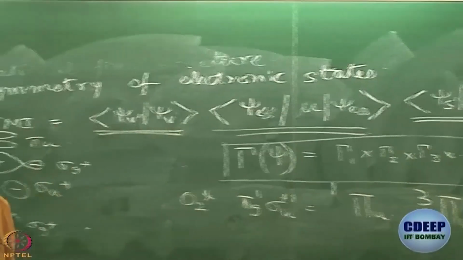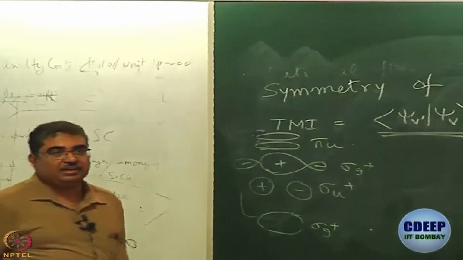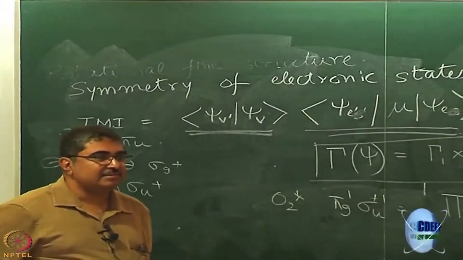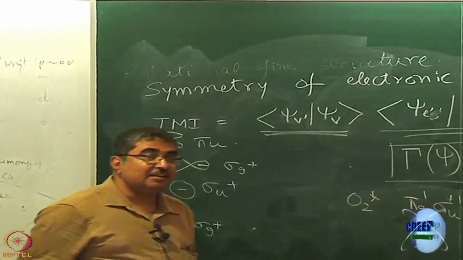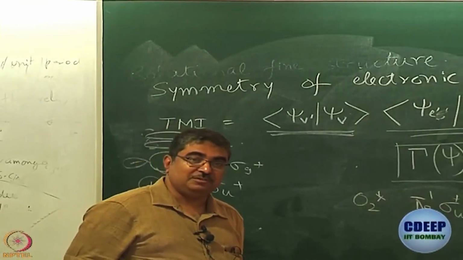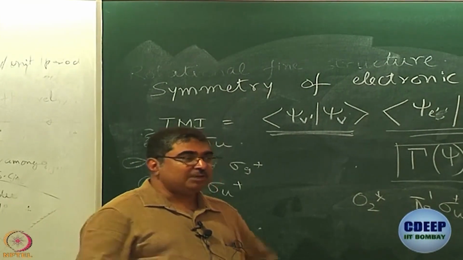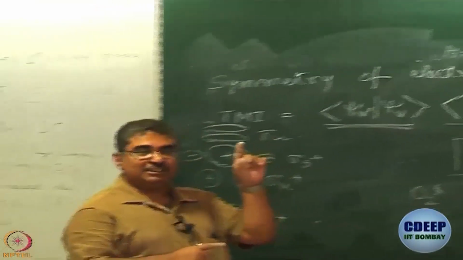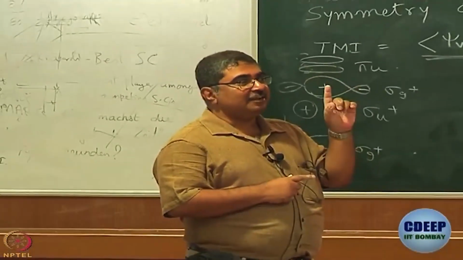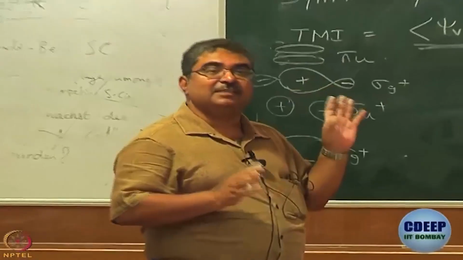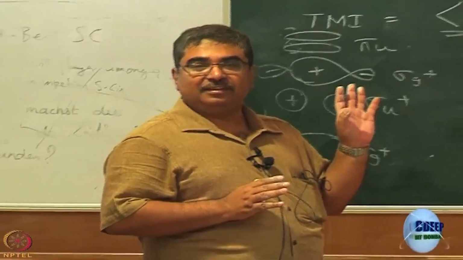In this case, can it be a doublet? No, right? 2 electrons, singlet or triplet. So, which one should I write, singlet or triplet? In this case, we can write both, right. When you have 2 electrons in 2 levels, then you get singlet states as well as triplet states, right.